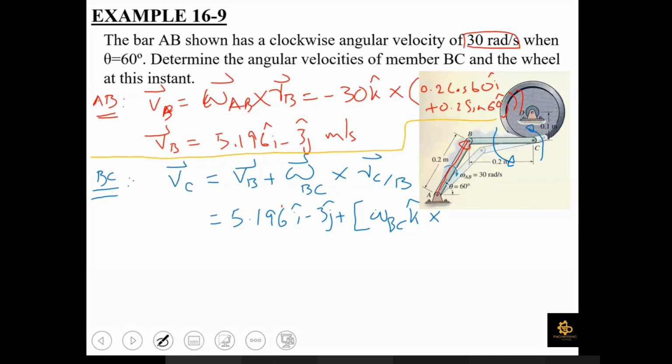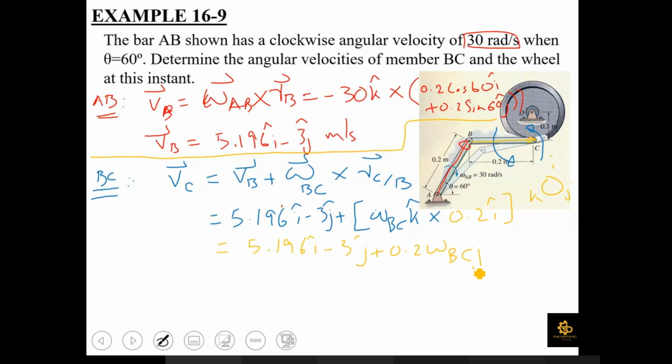What is this vector RCB? 0.2i. Okay? So it is going to be 0.2i. So expanding that cross product, 5.196i minus 3j, and if we talk about the smaller triangle likewise, it is going to be 0.2 omega BC, and what is k cross i?